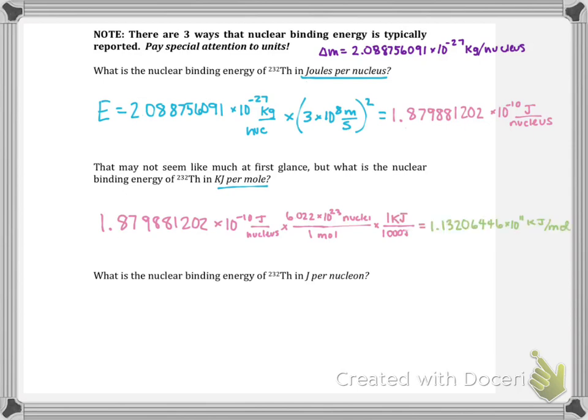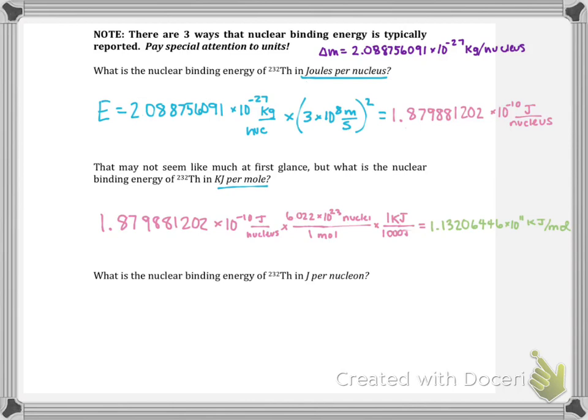And when we solve this, we get 1.13 times 10 to the 11th kilojoules per mole. So then you can see once you have a mole of this stuff, that's an enormous amount of energy. You don't even have like a pound of this stuff, but it can do 10 to the 11th kilojoules worth of energy, which is wild.